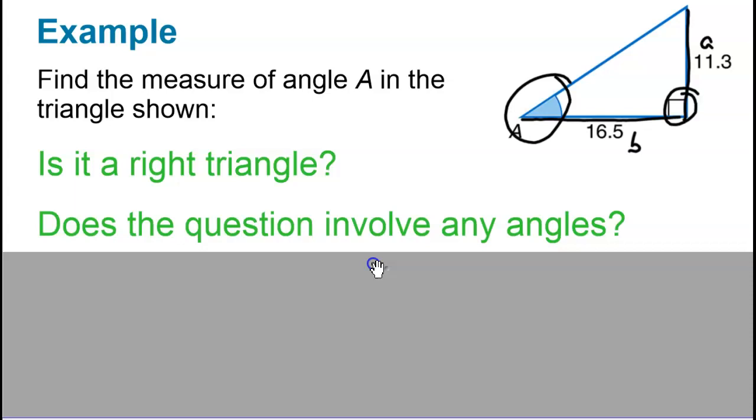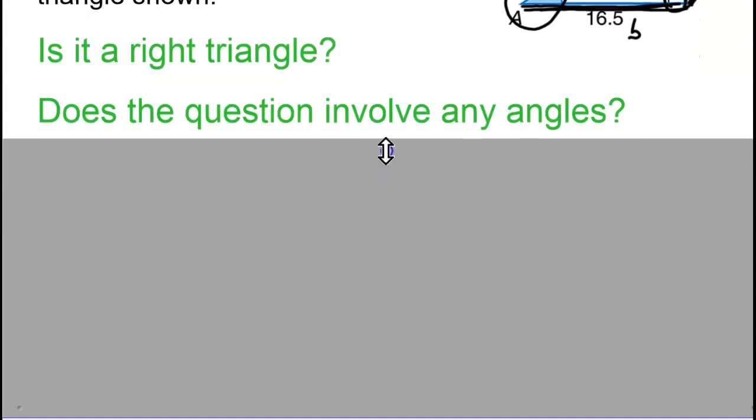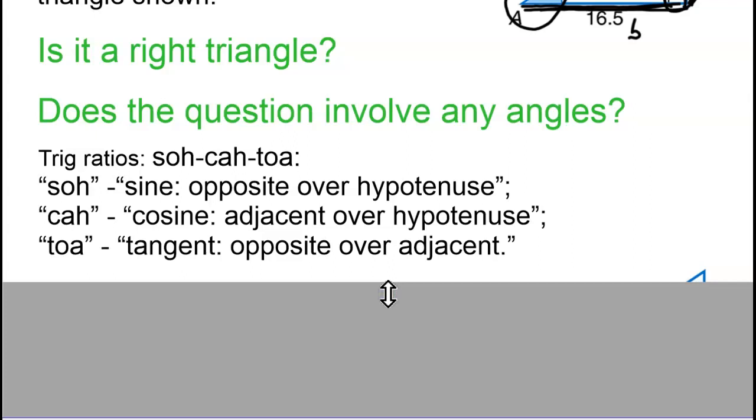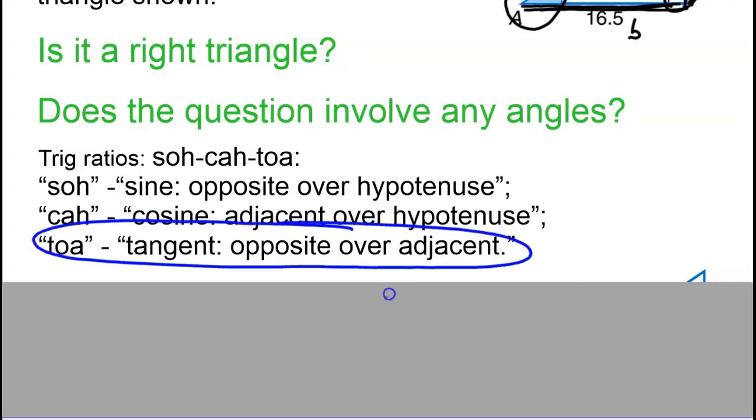We don't know what the angle for B is, but we can find that. But what we really want to find is the measure of angle A, so let's stick with that one. Since we know the adjacent side and the opposite side, that should trigger something. Adjacent and opposite says, let's use the tangent trig ratio.